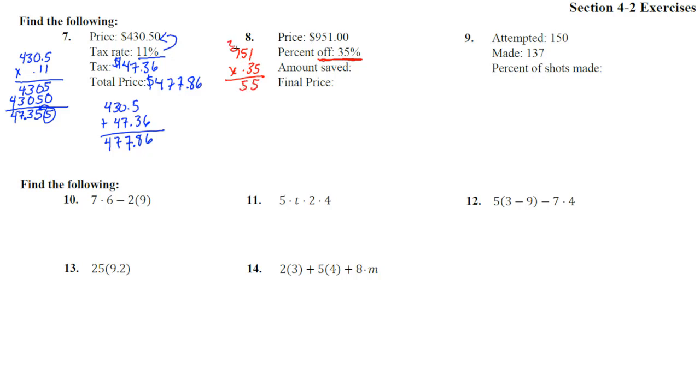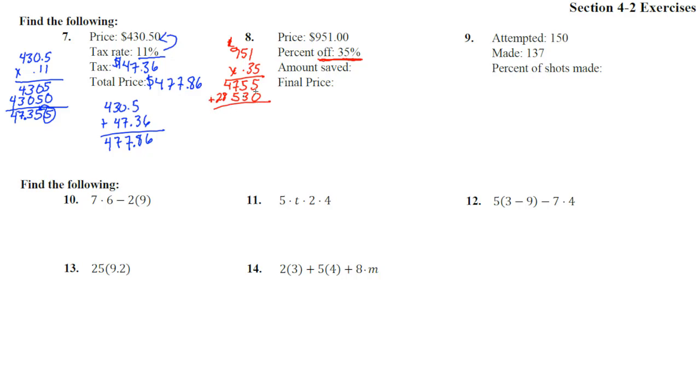Carry the 2. 5 times 9 is 45, plus 2 is a 47. Put a 0 down for the second row. 3 times 1 is 3. 3 times 5 is 15. Carry the 1. 3 times 9 is 27. Plus 1 is a 28.